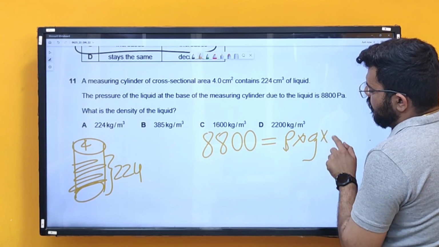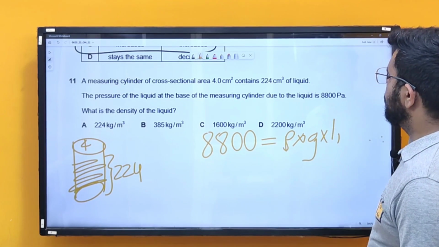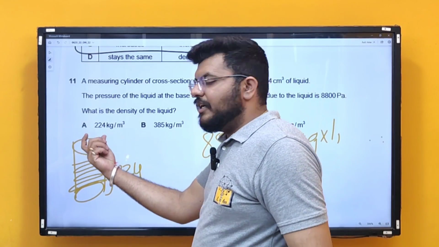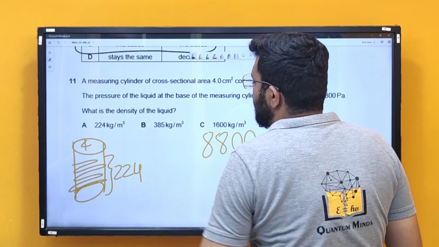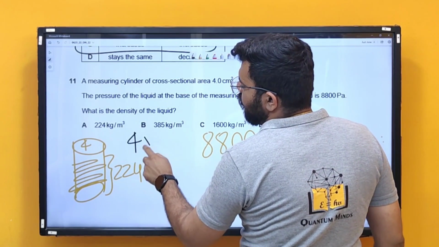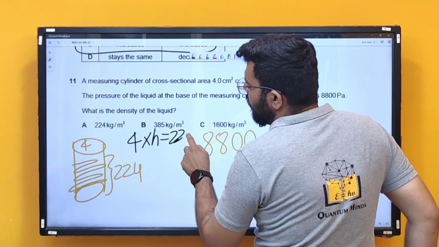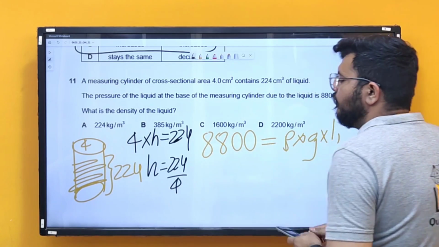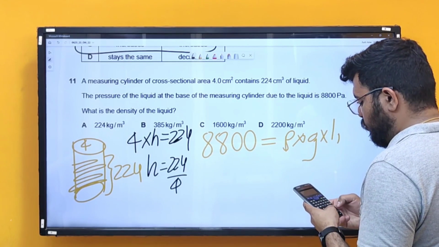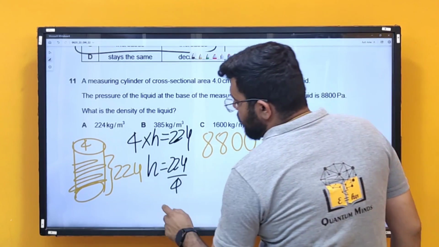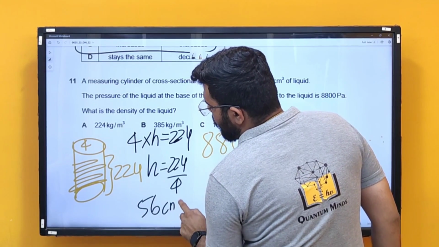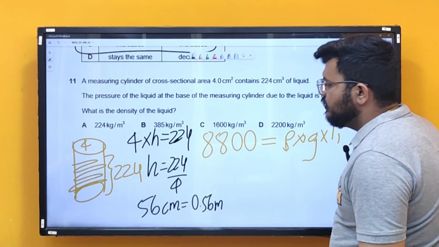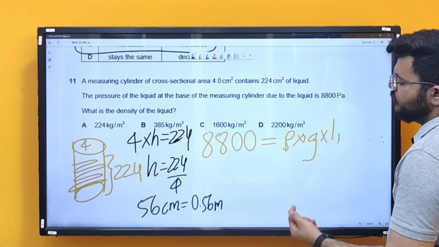Now let us find out how to use all of this. First, base area into height is volume, so I can use that to find height. So 4 into height should be equal to 224. Height is 224 upon 4, which is 56 centimeter, or 0.56 meter, because pressure is in Pascal so I'll have to use meter.